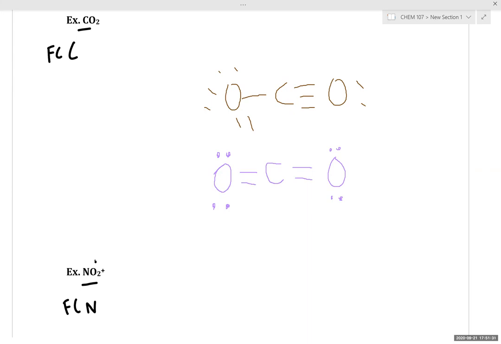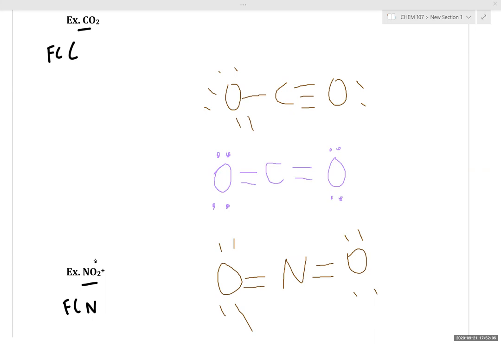So let's keep working on this example, and we'll discuss in about another 3 to 4 minutes. What does everyone think? Which structure is preferred? The structure on top or the structure on the bottom? Which structure has minimized formal charges? And we can also focus on trying to draw the Lewis structure for nitrogen dioxide cation and apply a similar analysis when calculating formal charges.